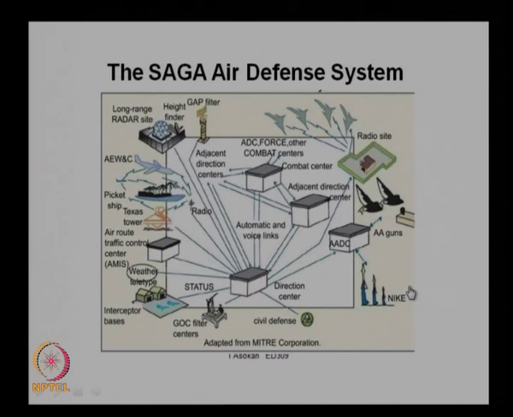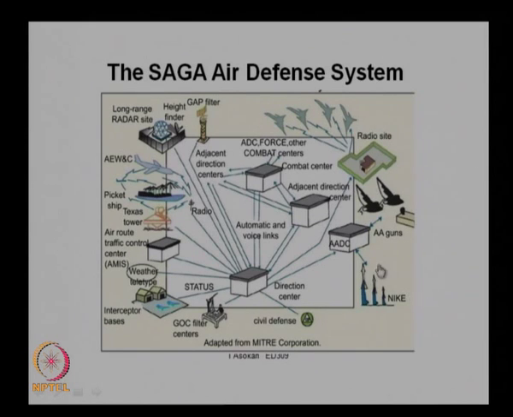This is another example of a complex, man-made system, which is the air defense system. As you can see, the air defense system has various subsystems. Something can be in the air, something can be on the ground, and something can be completely controlled by man, or completely automated with different sensors and signal processors kept at different locations.